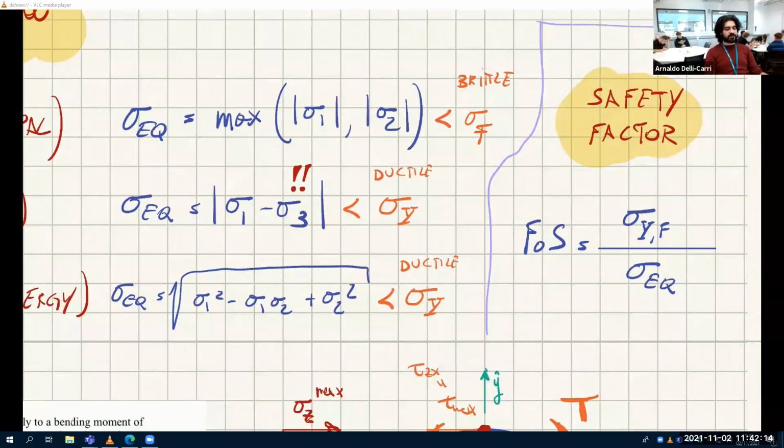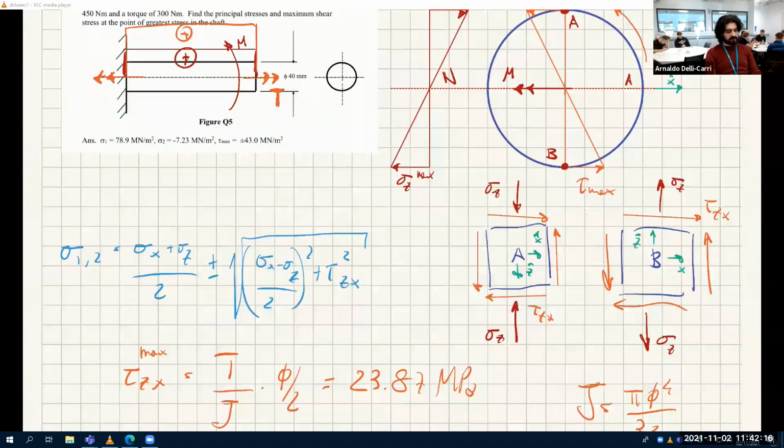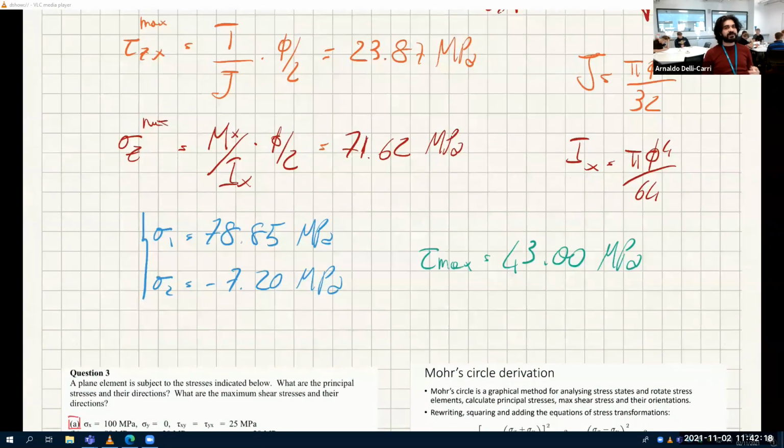There are two main ways of doing these structural analyses. One is verification, which is knowing the loads, find the safety factor, which is what we are doing now. Then there is design: given the safety factor and the material, find the dimensions required to sustain a certain load.